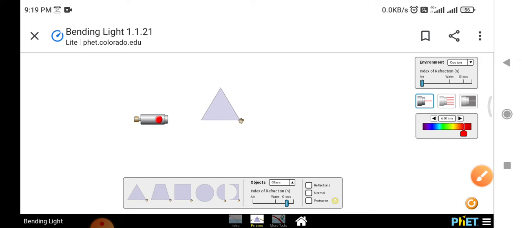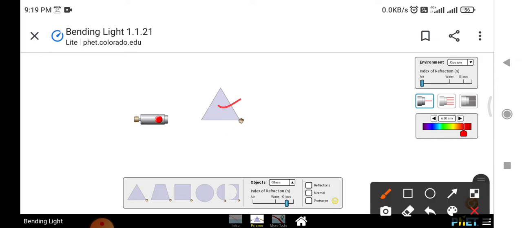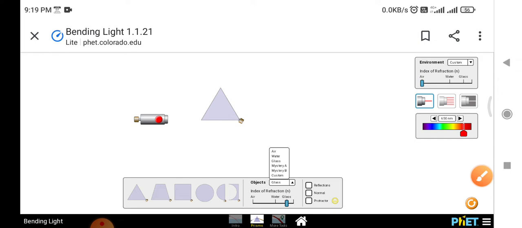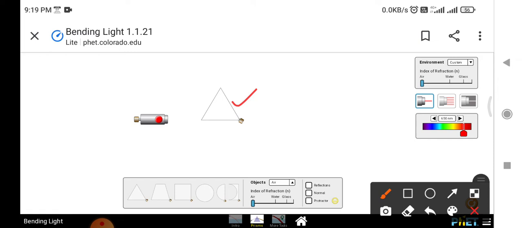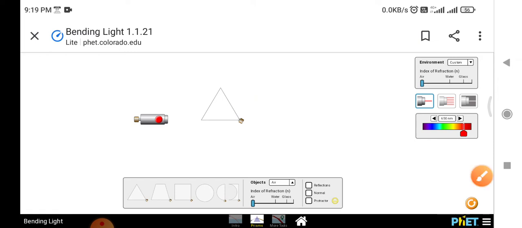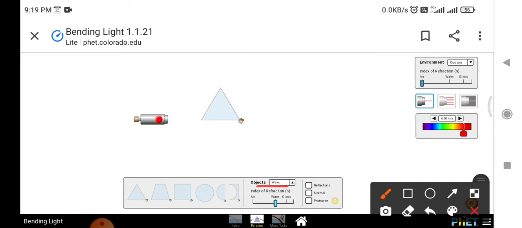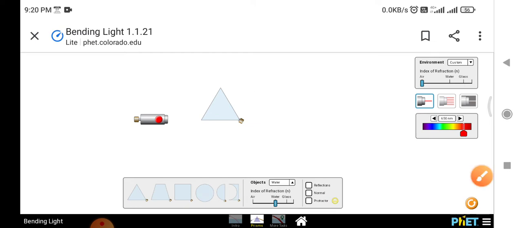And I changed the prism here. This is a water prism. This is an air prism. See, they have given water. This is a water prism.